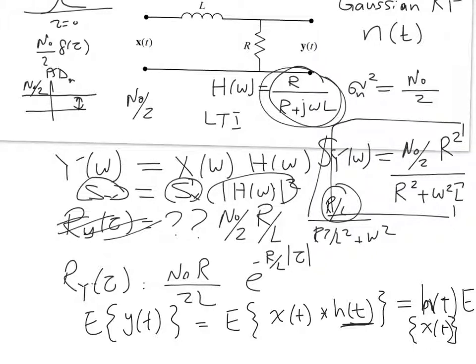Then this expectation is the expectation of something random multiplied by something deterministic. What happens in this case? The deterministic goes outside the expectation operation. So you end up with the expectation of x of t only, convolved with h of t, correct? And the expectation of x of t is equal to 0. 0 convolved with something will give you 0. So the output expected value is equal to 0 as well, right? What about the variance? The variance is more straightforward actually.